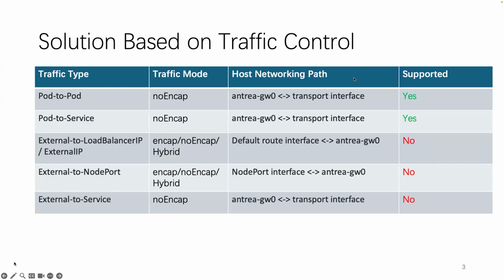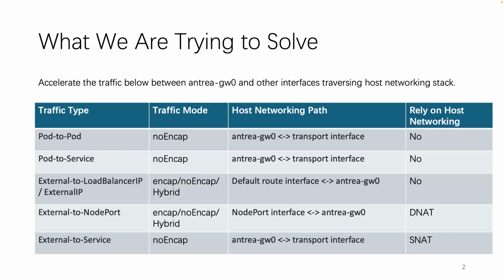Sorry, Hongliang, what does external to service mean? It means, for example, external to load balancer or external IP. It's about the phase two traffic. Phase one is the external traffic from the default route interface to antrea-gw0.